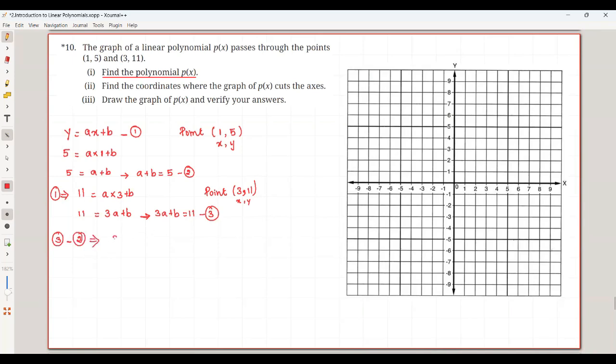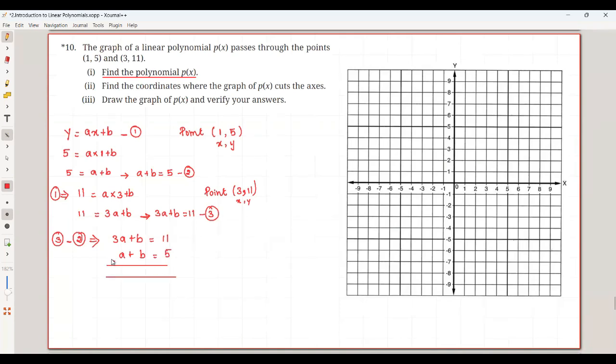The third equation is 3a plus b is equal to 11. The second equation is a plus b is equal to 5. Now we have to subtract, which means you change the sign.